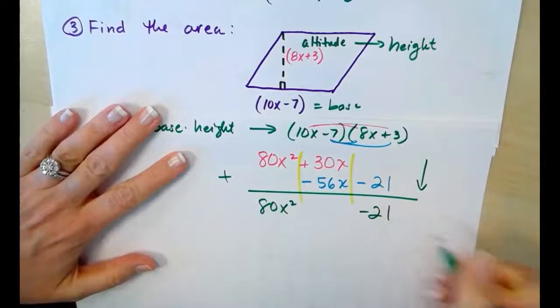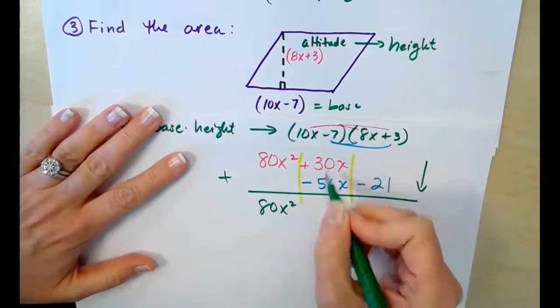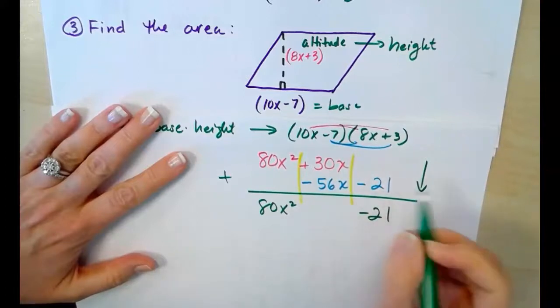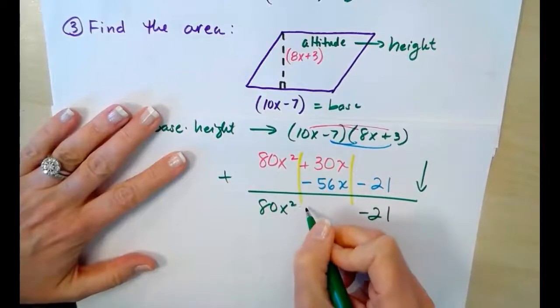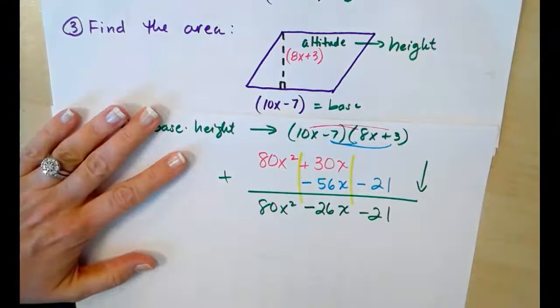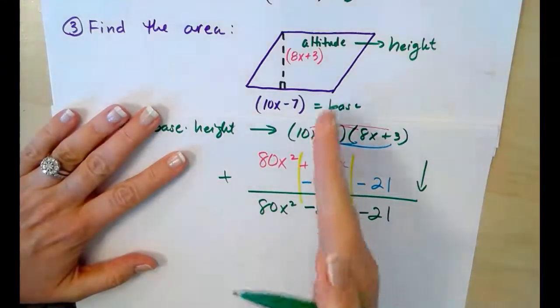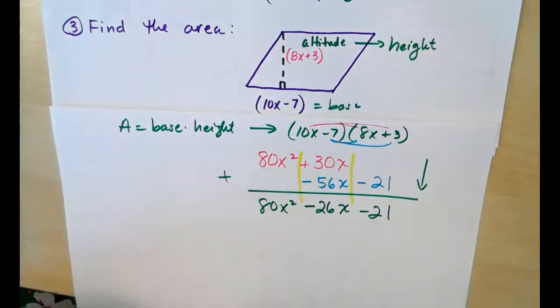Negative 21 also comes down because it's the only constant. What we have in the middle are our like terms. A positive 30 and a negative 56 gives us negative 26x. Remember, exponents only change when we multiply or divide, not when we add or subtract. So there is your warm-up.